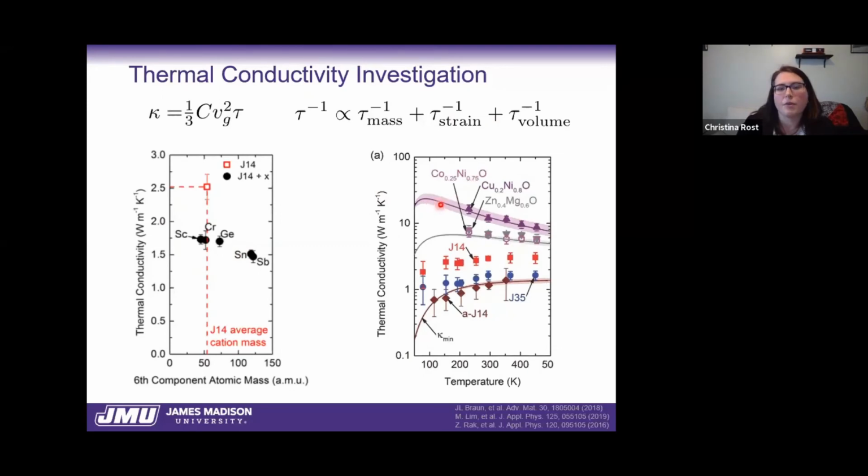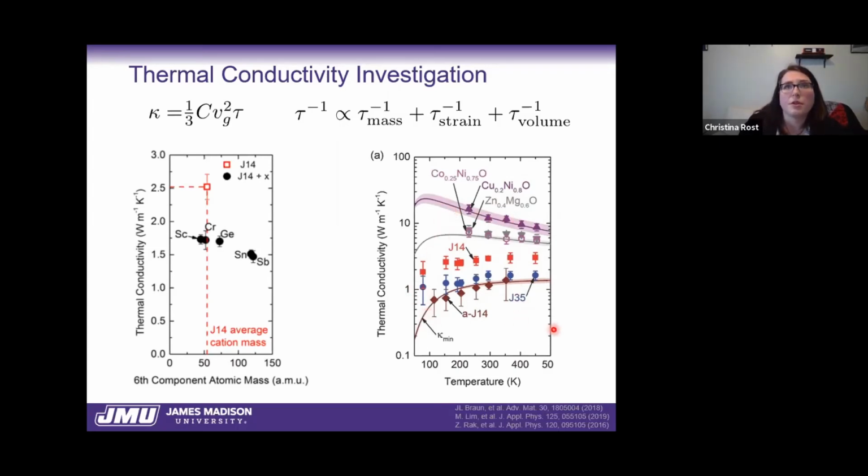So in the background, we've got purple and gray lines, which depict the virtual crystal approximation without fitting parameters for our 2-component systems. And then this maroon line at the bottom is the minimum thermal conductivity for amorphous J14.